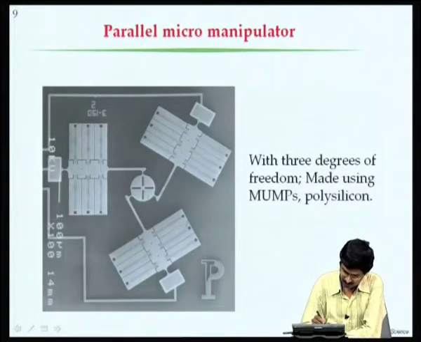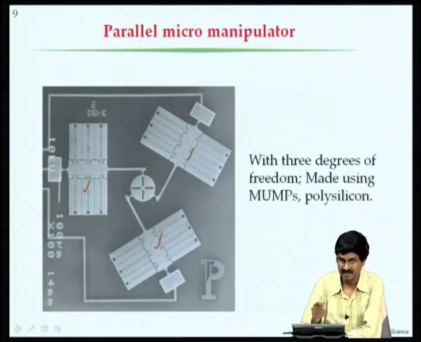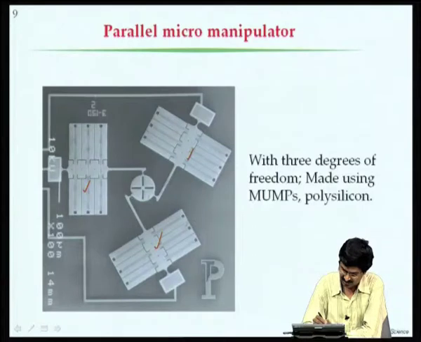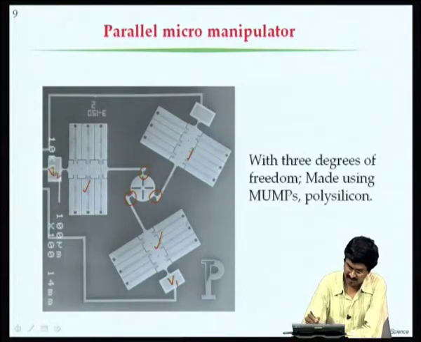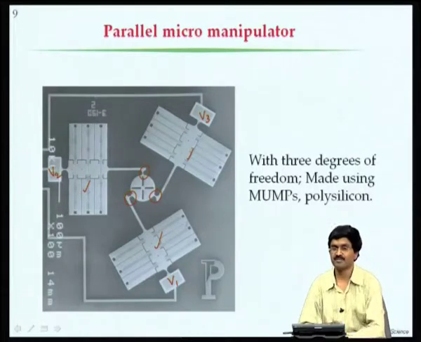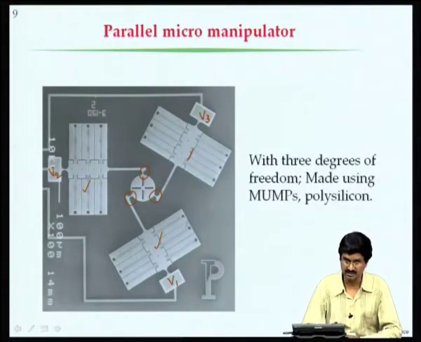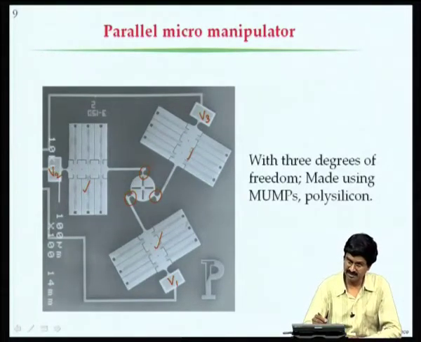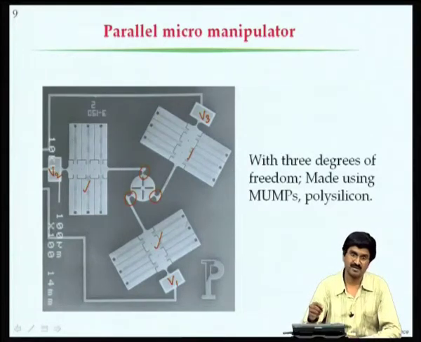Now, we show here actuators 1, 2, 3, the stack of electrothermal actuators connected with some flexures. These are what we call flexures, and a central platform where we can apply different voltages V1, V2 and V3, one of them grounded, the others at potentials above the ground. We can make this one move in the x direction and y direction, and also orient it in different directions.